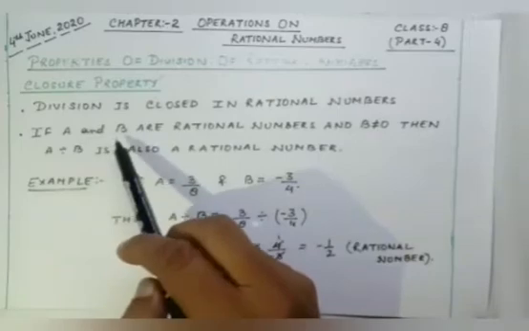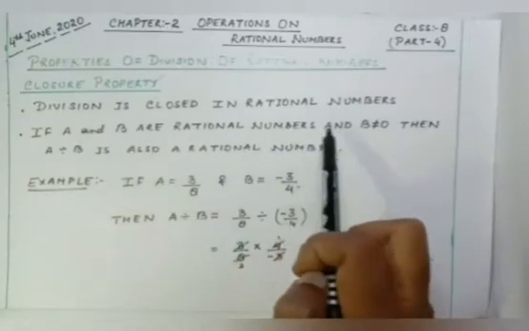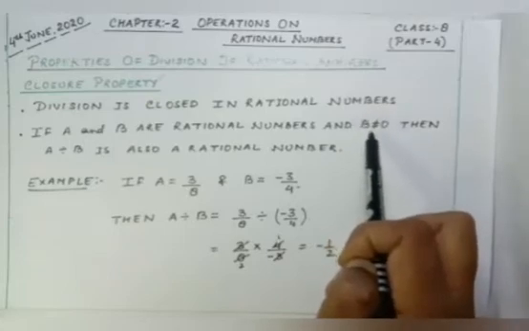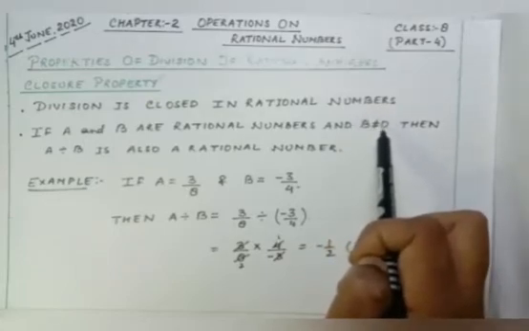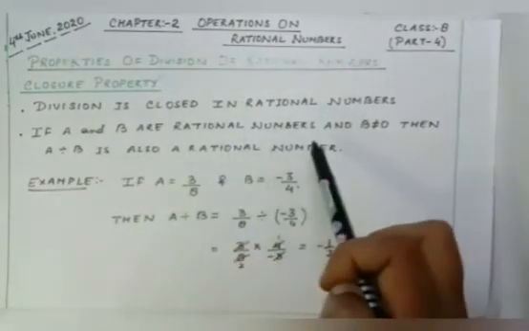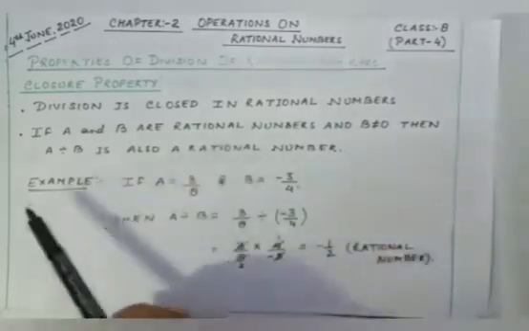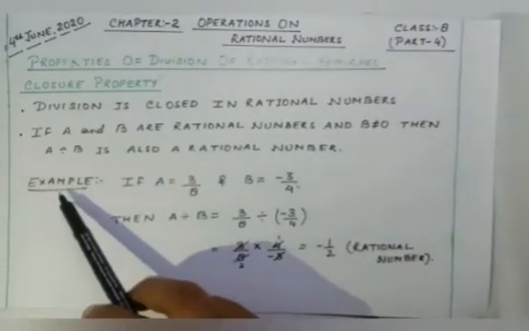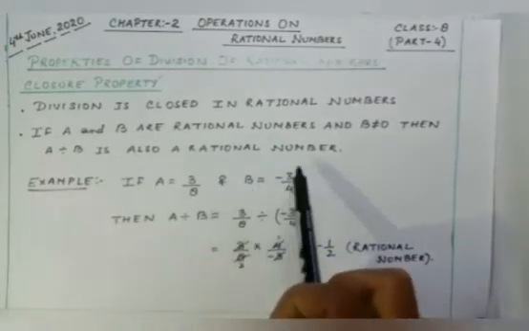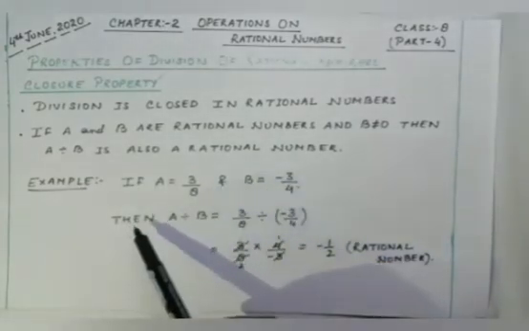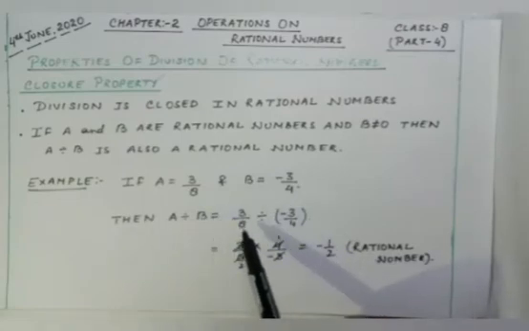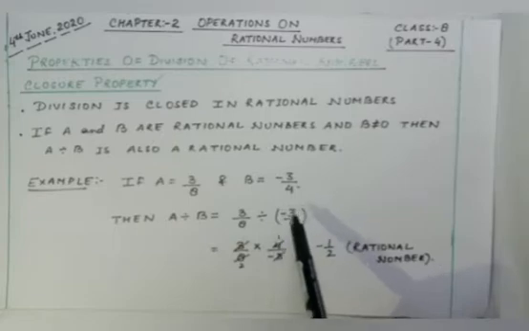If A and B are rational numbers and B is not equal to 0, again there is a condition, B should not be equal to 0, then A divided by B is also a rational number. Let us see with the help of an example. If A is equal to 3 by 8 and B is equal to minus 3 upon 4, then according to the property A divided by B is equal to 3 upon 8 divided by minus 3 upon 4.